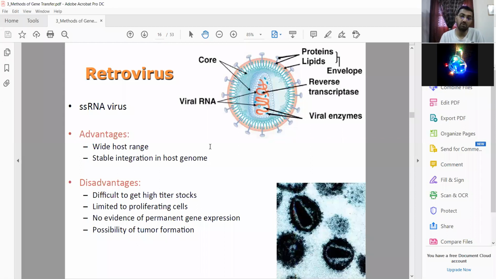But certainly, when you talk of integration into the host genome, it is not specific in retroviruses as it was in adeno-associated viruses, where we know that normally adeno-associated viruses integrate the transgene at chromosome 19 at the AAVS site or locus in the human genome.